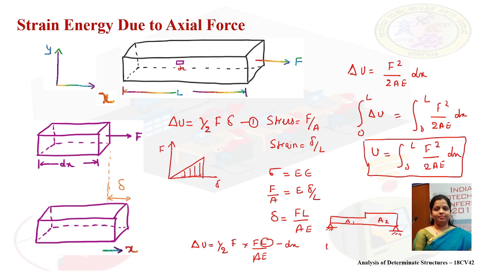That is, U will be equal to the integral from 0 to L by 2 of F square by 2AE into dx, plus the integral from L by 2 to L of F square by 2AE into dx. Let the total length of the beam be L.